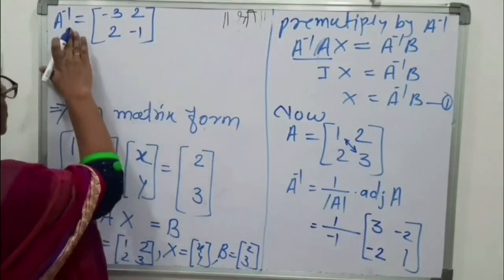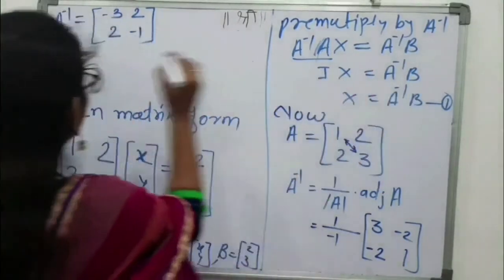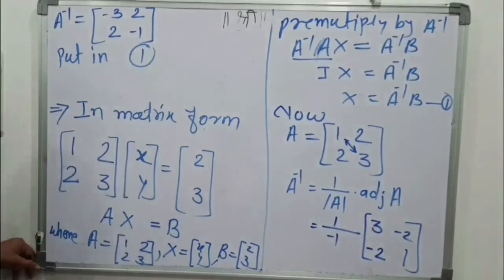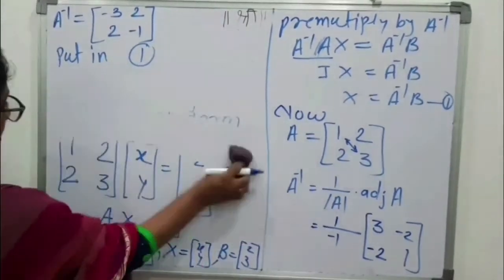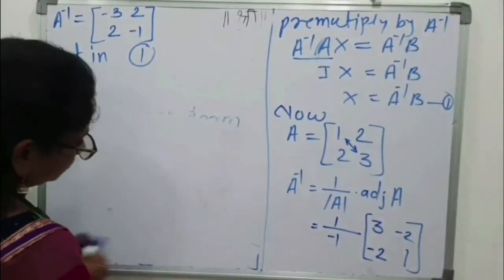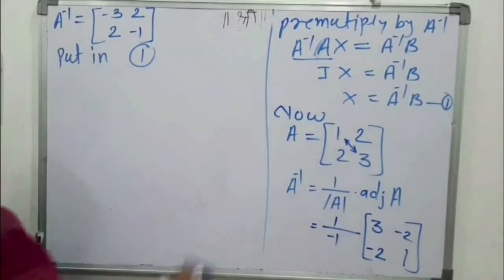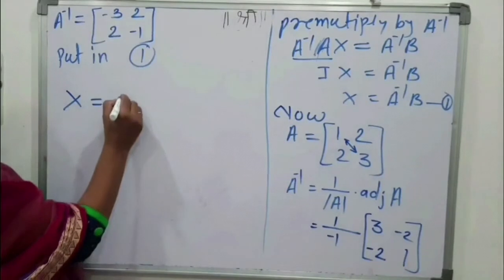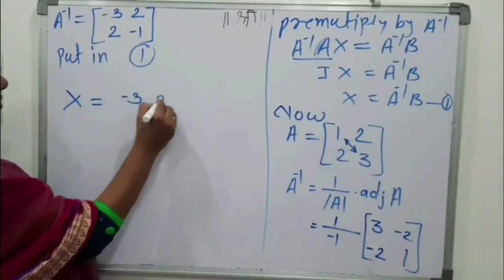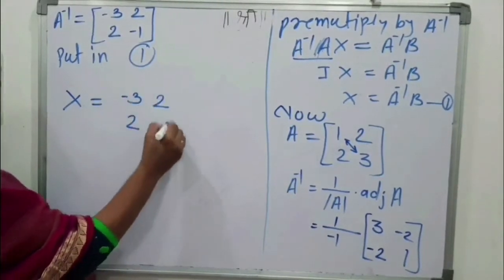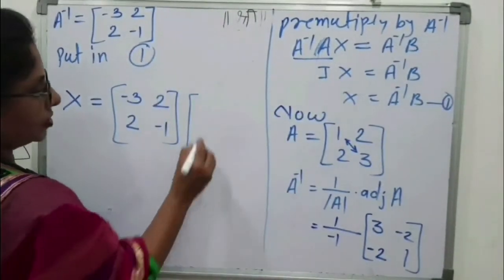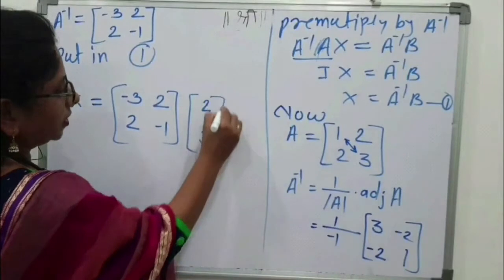Now put this A inverse in equation 1. So X equals A inverse, minus 3, 2, 2, minus 1, into your constants. What was the constant? 2, 3.